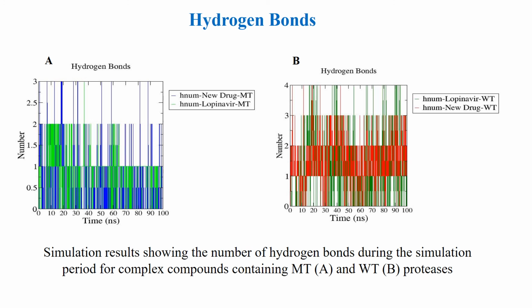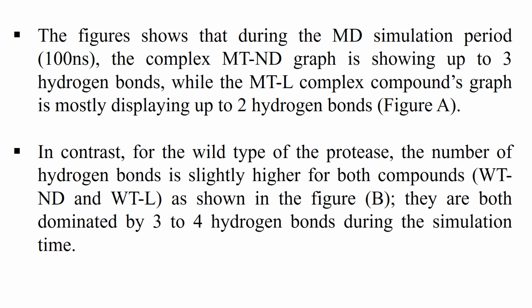The graphs show how many hydrogen bonds are present between the ligand and the protein, whether it is the mutant protein or the wild type protein, which is either 2 or 3 for the mutant type or 3 to 4 for the wild type. The more hydrogen bonds there are, the more stable the complex compound is.